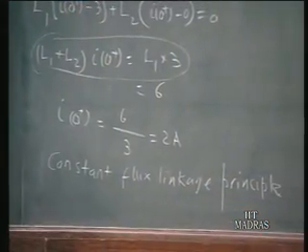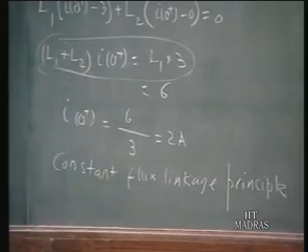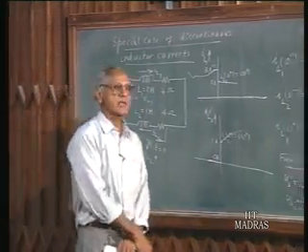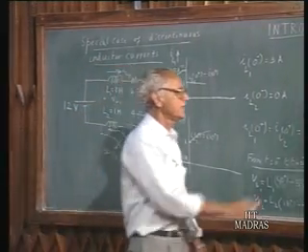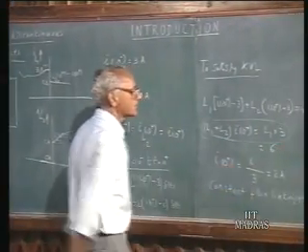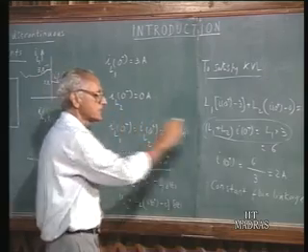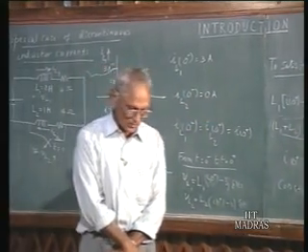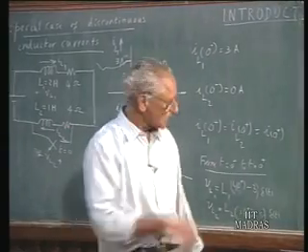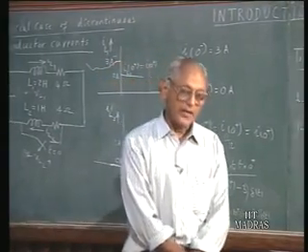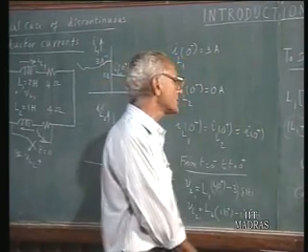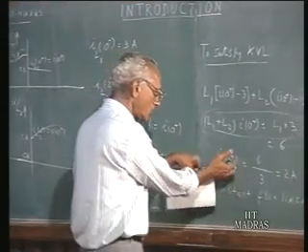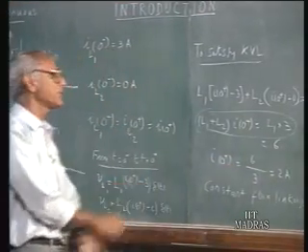What it means is that (L1 plus L2) times I0+ is the flux linkage associated with the circuit, the total inductance times the current passing through it, and this is the initial flux linkage in the circuit, because L2 does not carry any current. This is the flux linkage associated with L1. So, flux linkages in a circuit which does not have any net impulse EMF cannot change suddenly. The old flux linkages must be equal to the new flux linkages, and that fixes the new value of the current. This is another way of looking at it.